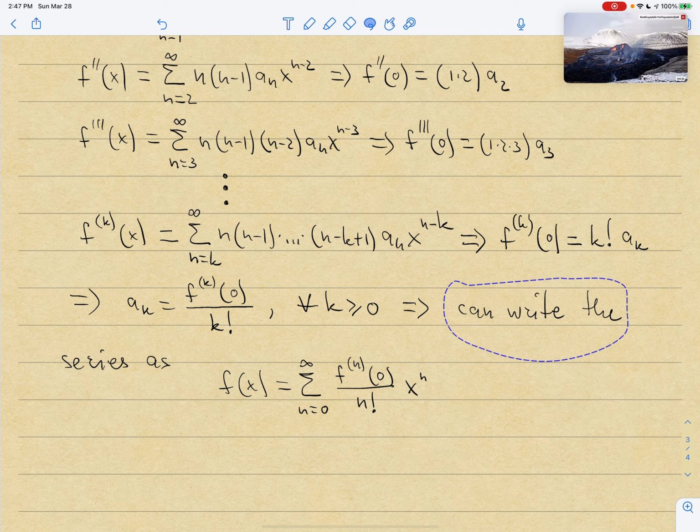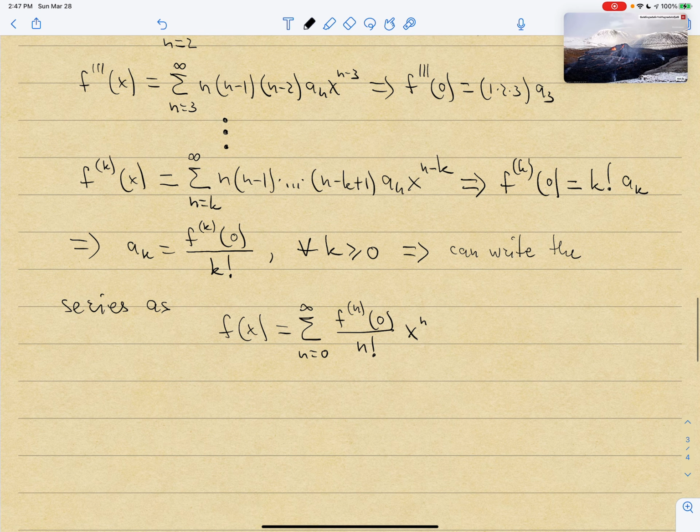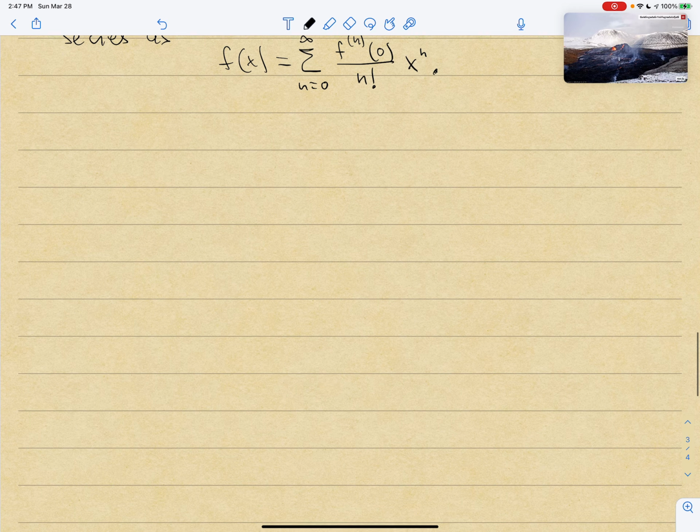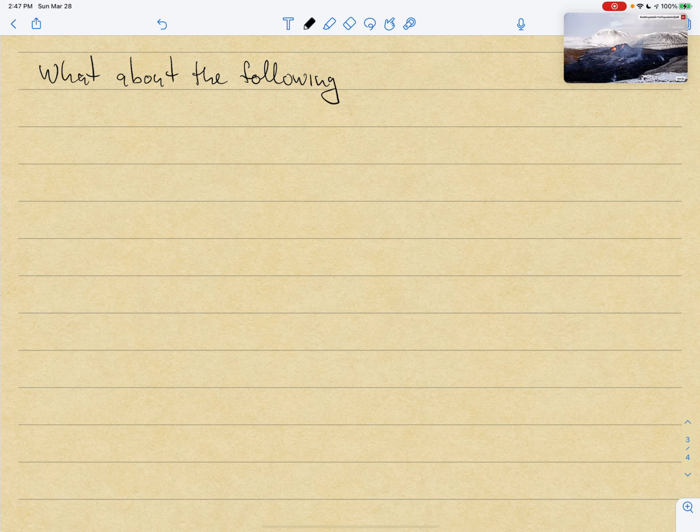So let's try to answer the following question then. Let's suppose that someone, let me insert the word power here, someone gave me the function f of x. So what about the following example, actually.